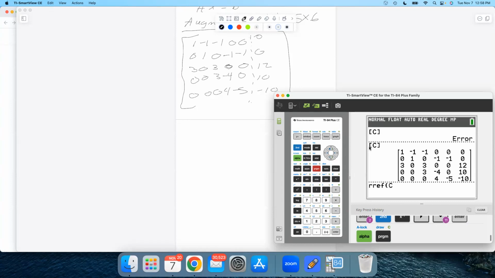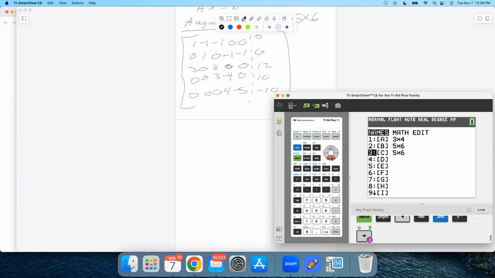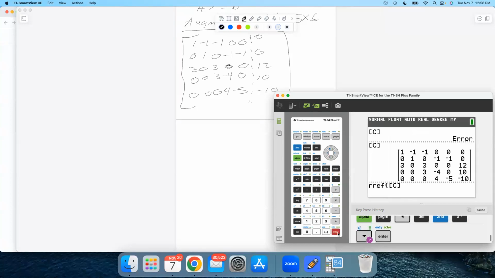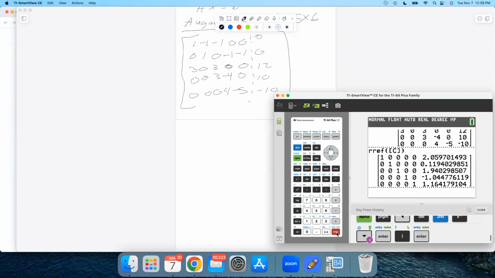See how the matrix has matrix bars around it? That will confuse it. It won't work. I have to come into my menu, so second matrix, and pick the one I want, C. And then actually it'll work if you don't close that parenthesis, but I like to, and hit enter.